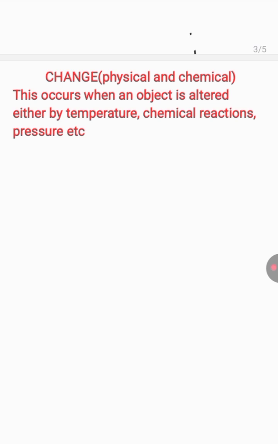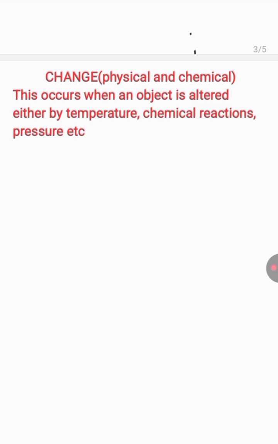For example, when water is heated, it turns into a gaseous state known as steam.